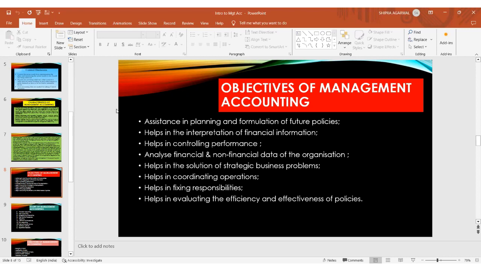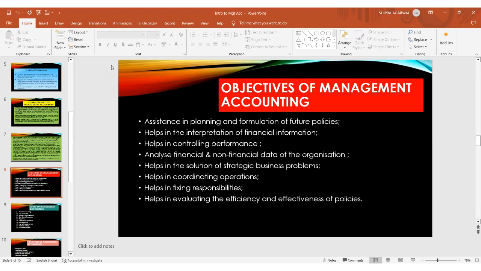Then it also helps in coordinating the operations. See, many a times we see that the major problem is that every department in the organization is doing their work, but there is no coordination among them. If there is no coordination, then the organization will face issues in achieving its targets. No matter everyone is doing their work, when everyone is not ready to do the work collectively, they are not ready to coordinate.